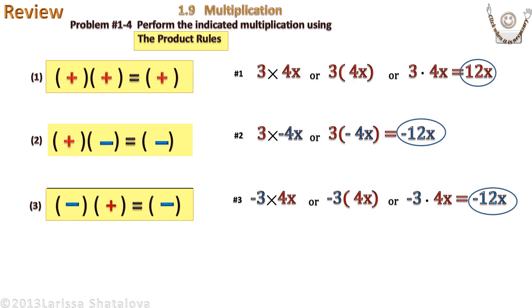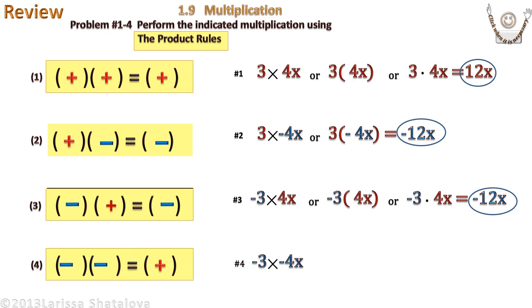And the last rule: negative times negative results in positive. Example number 4: -3 times -4x, or we can use -3 and then (-4x) within parentheses, or both of them can be in parentheses, and the result would be positive 12x.